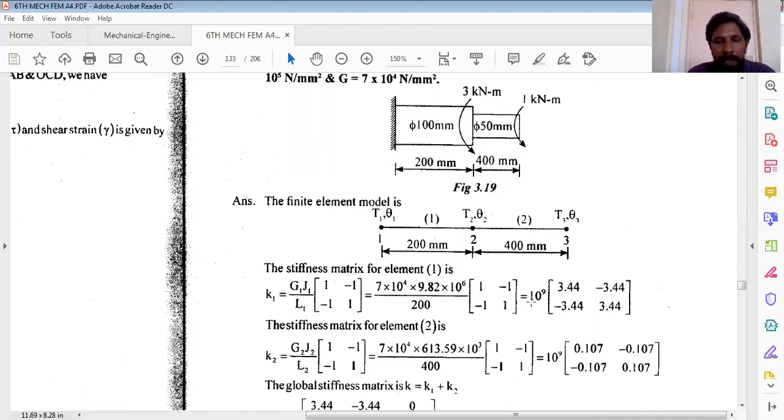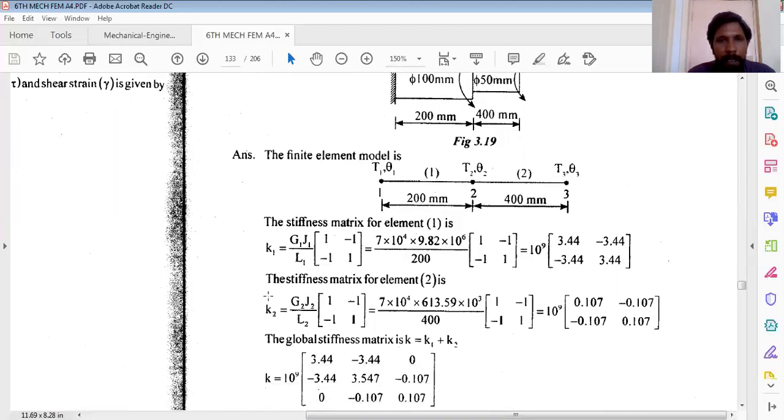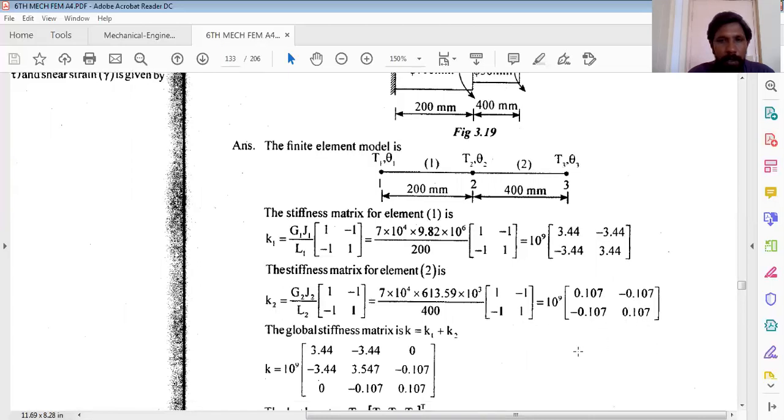When you calculate this, we get a common factor of 10 power 9 in the matrix of 3.44, minus 3.44, minus 3.44, plus 3.44. Here we can get the stiffness matrix of the second element. We have the same value of G and a different value of J as the cross section is different, and we get 10 power 9 in the matrix of 0.107, minus 0.107, minus 0.107, and plus 0.107.